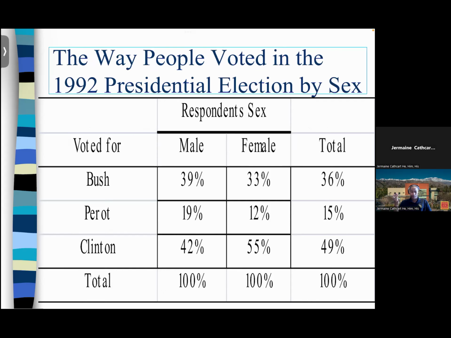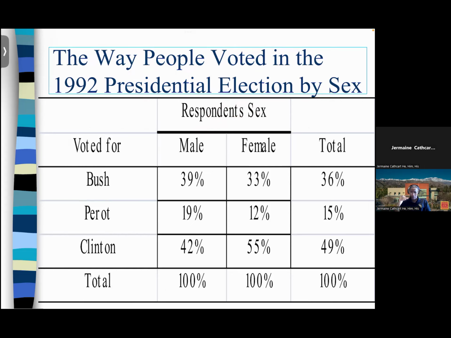Now let's look at this. Now, as I said, sex is one of those that really can't be a dependent variable. So sex is the independent variable in this example. And we have a title that's descriptive, so it's letting us know what we're looking at, right? The way people voted in the 1992 presidential election by sex. A lot of you weren't even born at this time.